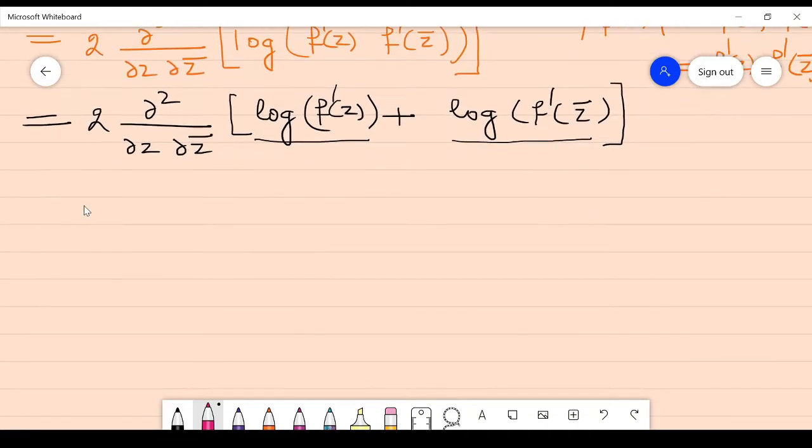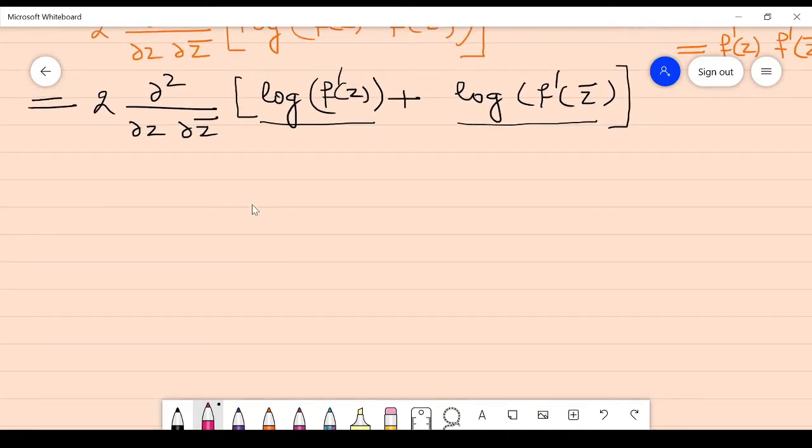Now this equation can be written as 2 times bracket. So first term, now we can differentiate this with respect to z.